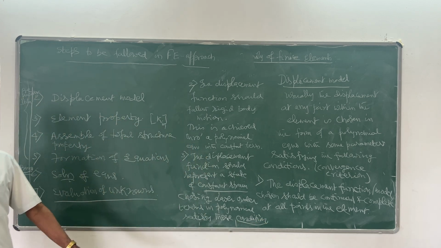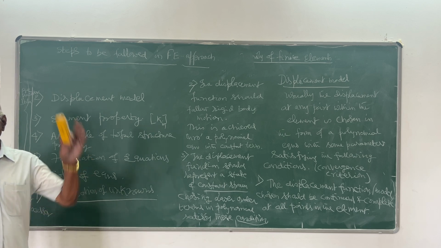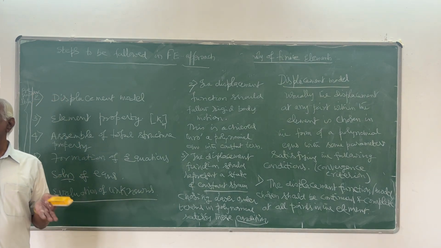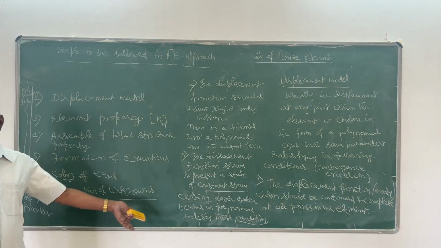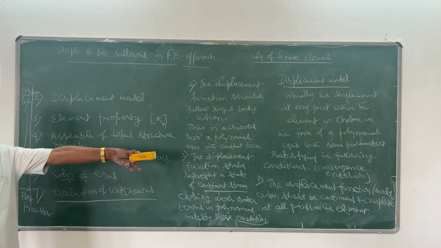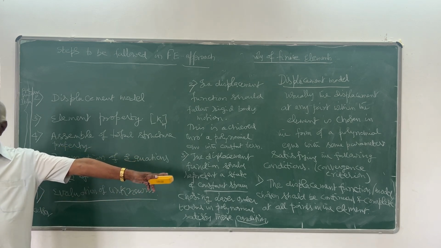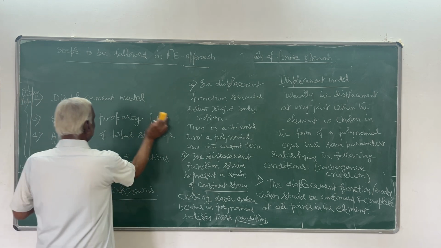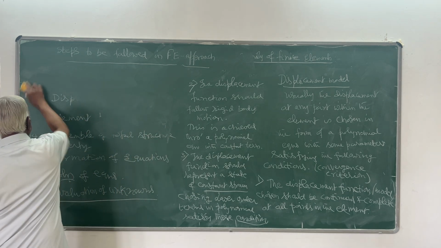It is achieved by having lower order terms. You should have the constant term first, to start with. It is a must. Lower order terms are a must to achieve this state of constant strain. And continuity is a must. I will explain completeness in the fourth condition, the continuity condition.